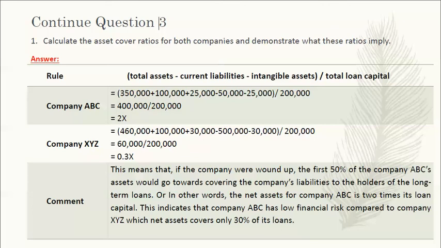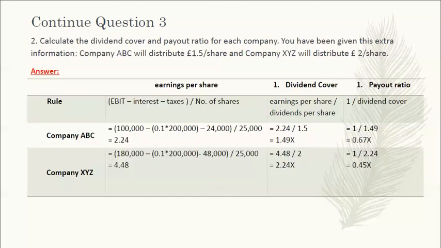Okay. Second question under question number 3. Calculate the dividend cover and payout ratio for each company. You have been given this extra information that company ABC will distribute 1.5 per share and company XYZ will distribute 2 per share.